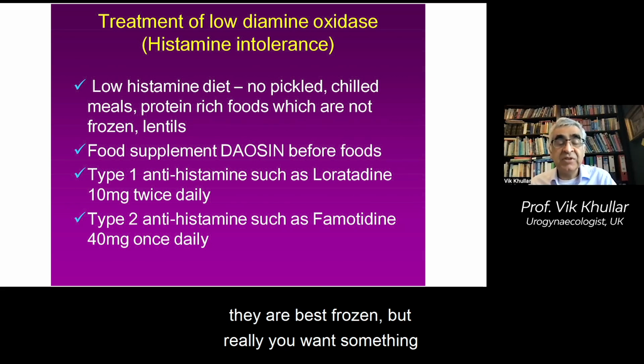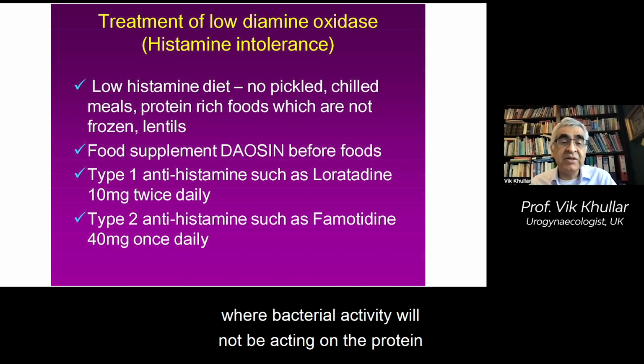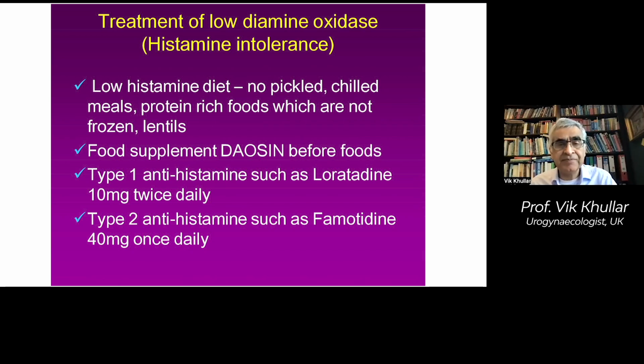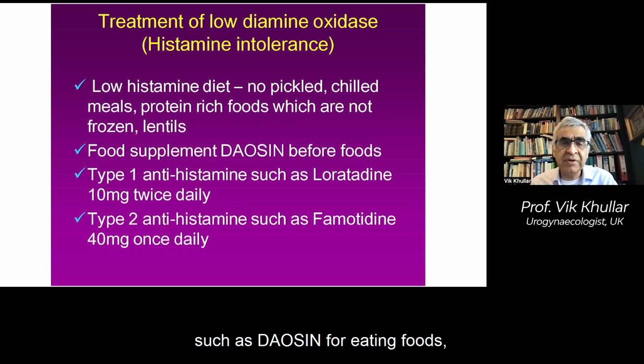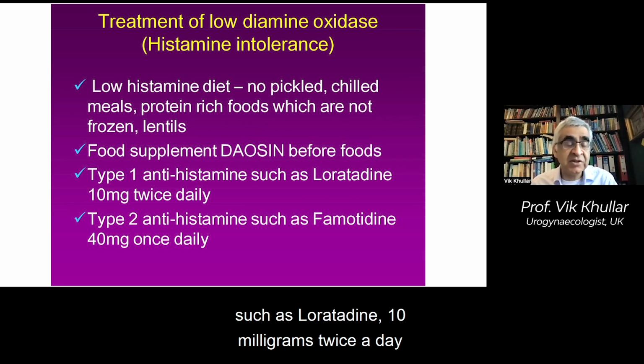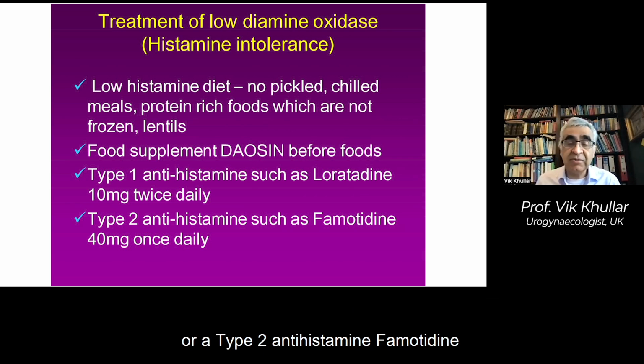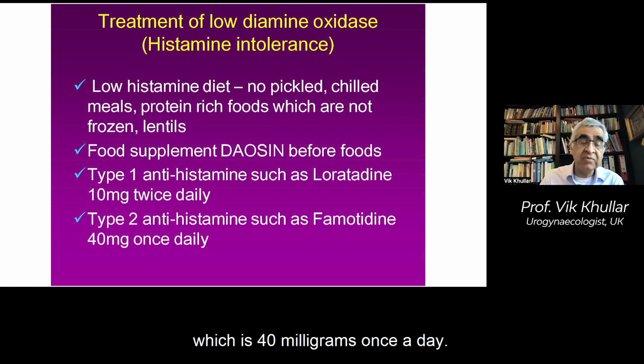But really, you want something where bacterial activity will not be acting on the protein. And patients may well take a food supplement such as diacin before eating foods. And the mainstay of treatment is using a type 1 antihistamine such as loratadine, 10 milligrams twice a day, or a type 2 antihistamine, famotidine, which is 40 milligrams once a day.